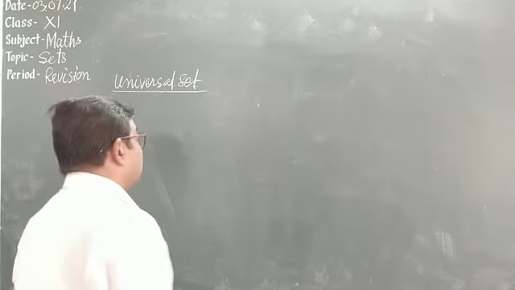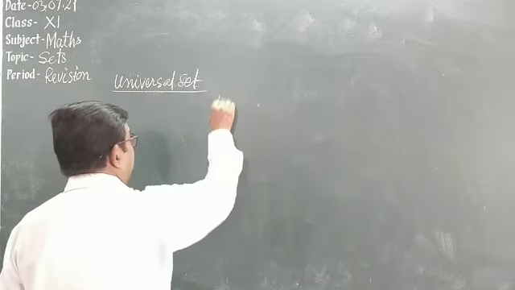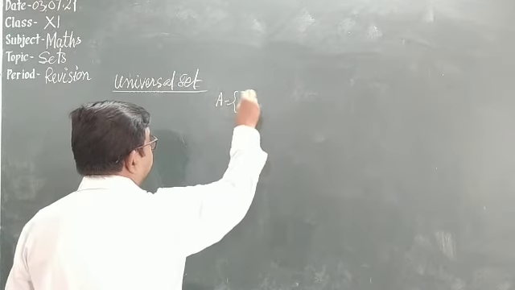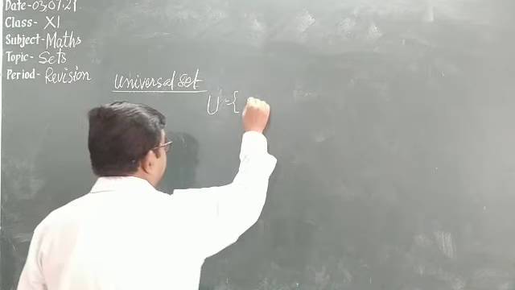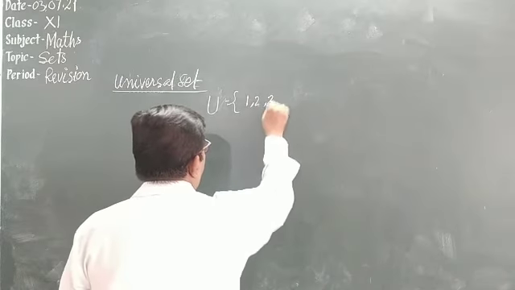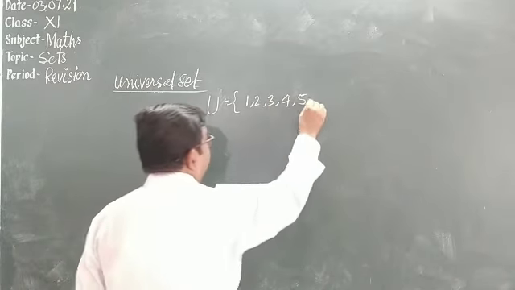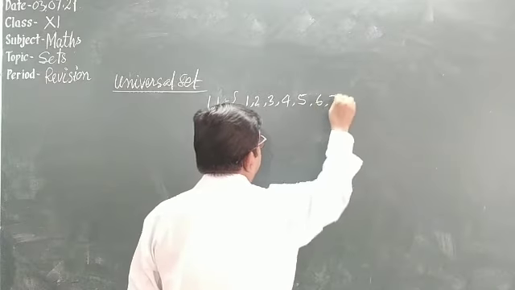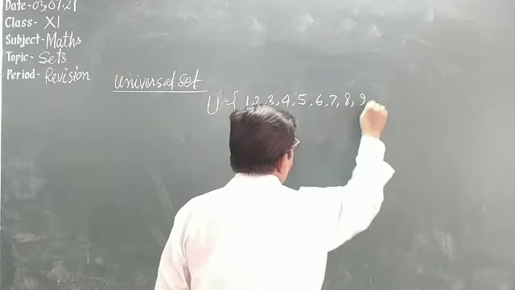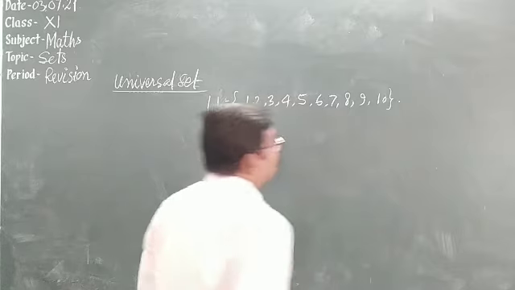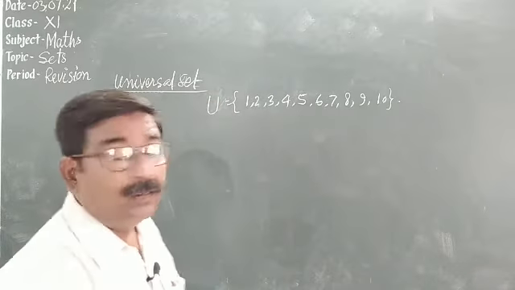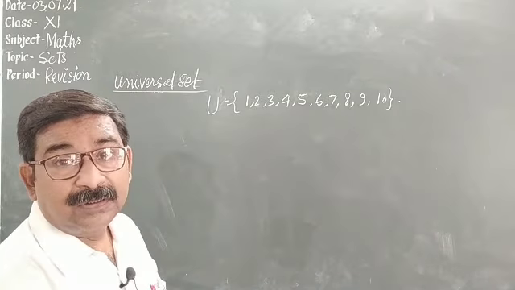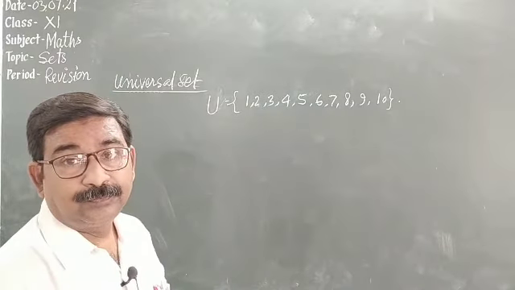For example, one more example. U is noted as the universal set: 1, 2, 3, 4, 5, 6, 7, 8, 9, 10. This is the universal set containing the natural numbers up to 10.